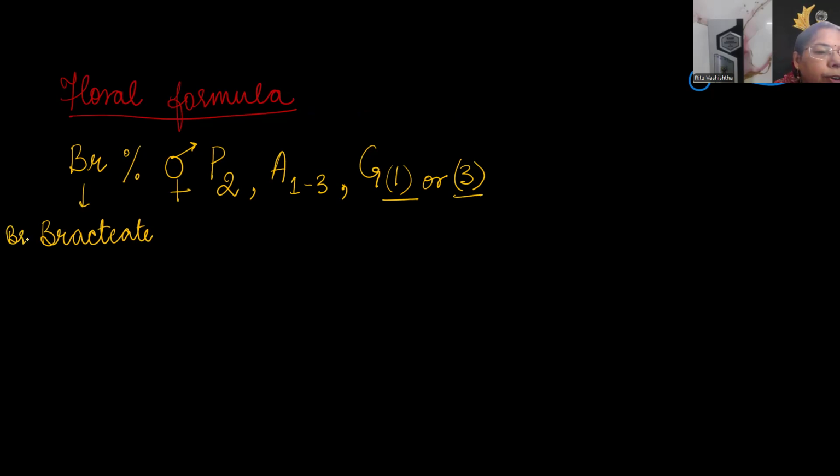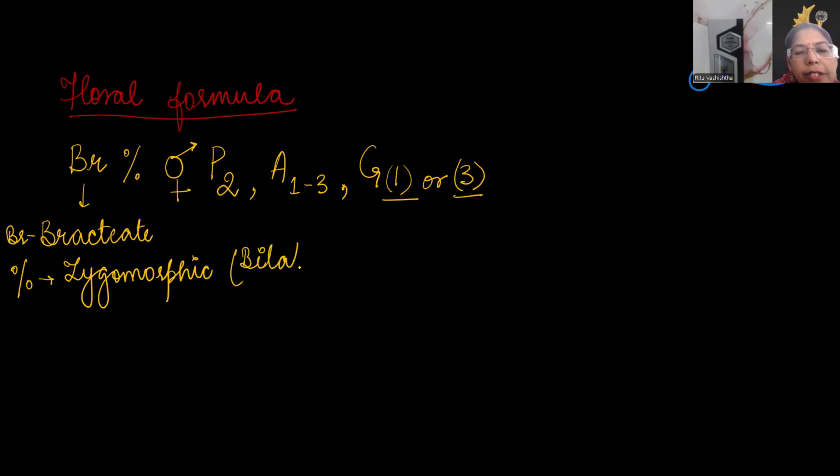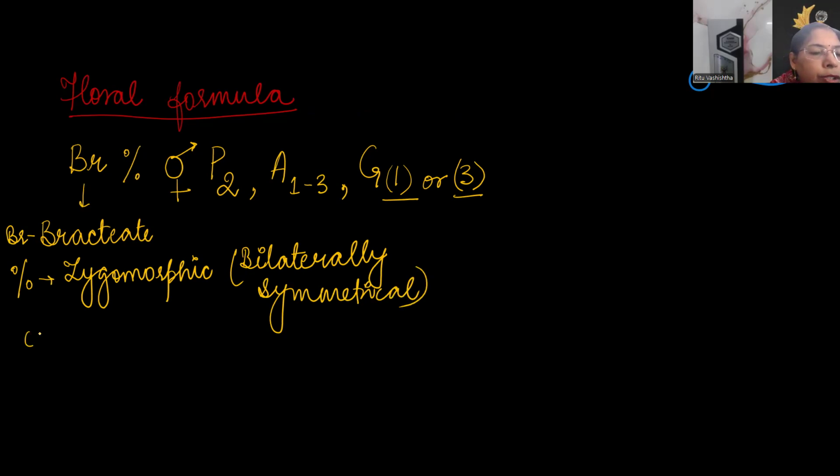BR stands for bracteate. This is the sign for the zygomorphic or bilaterally symmetrical flower. Now, this is the symbol for bisexual. What do you mean by that?